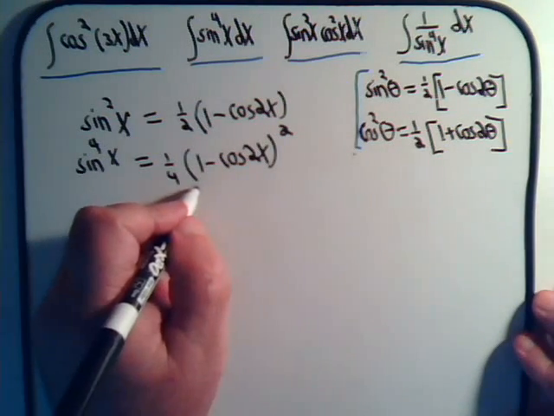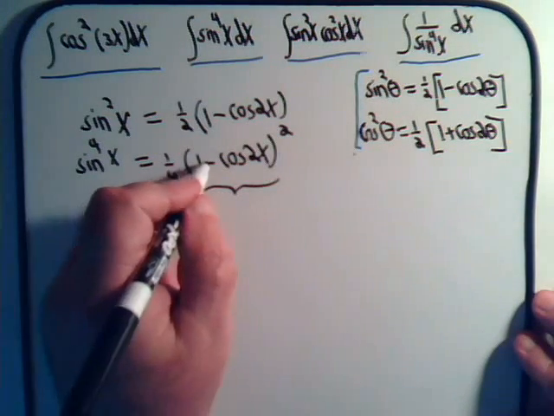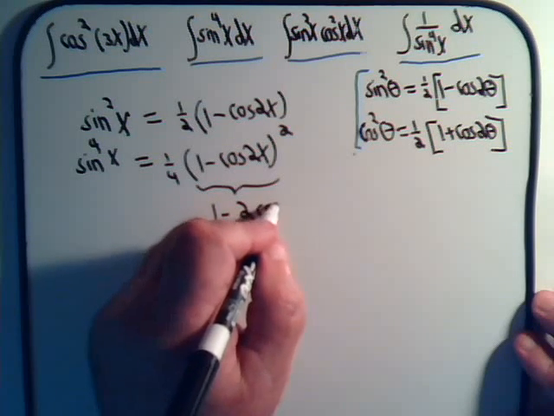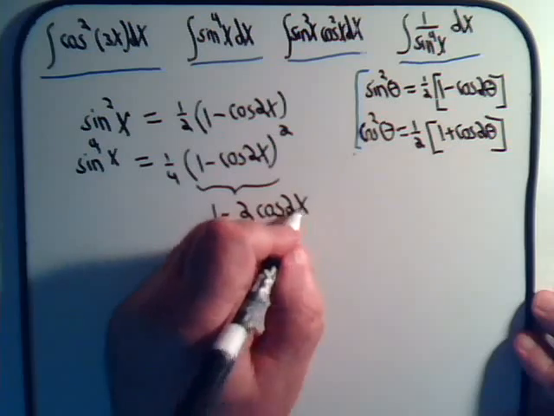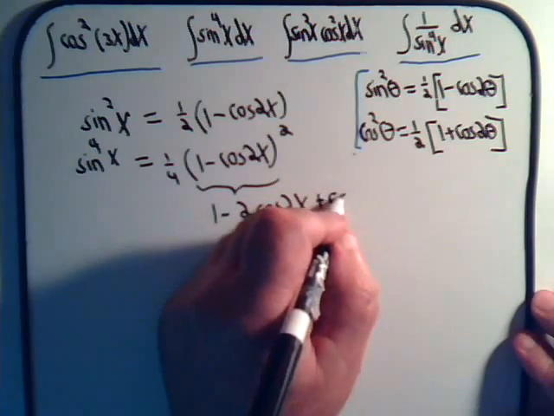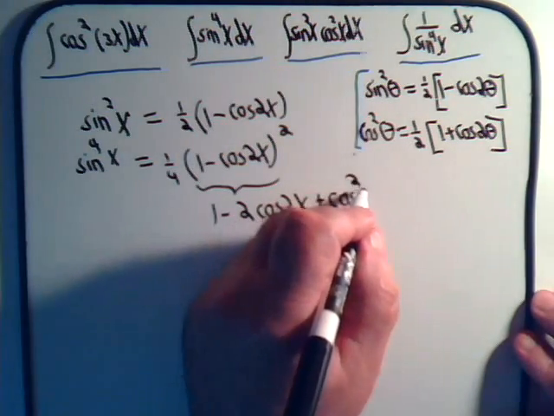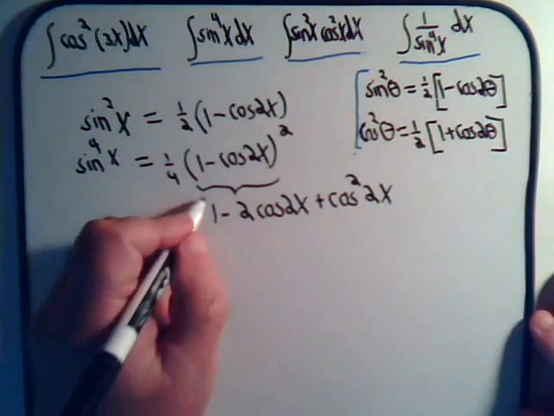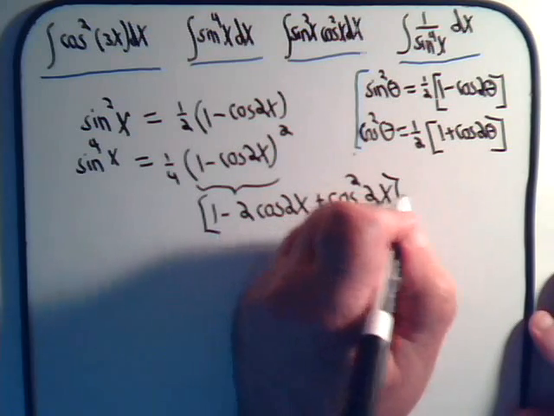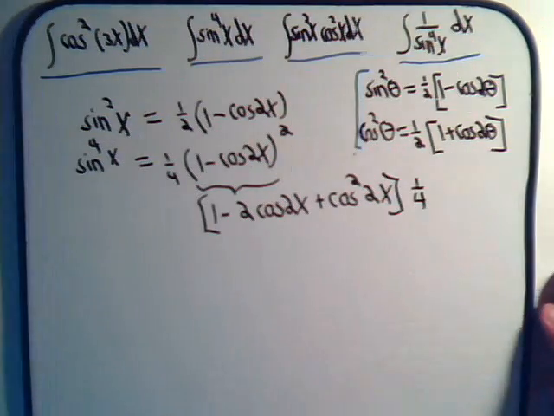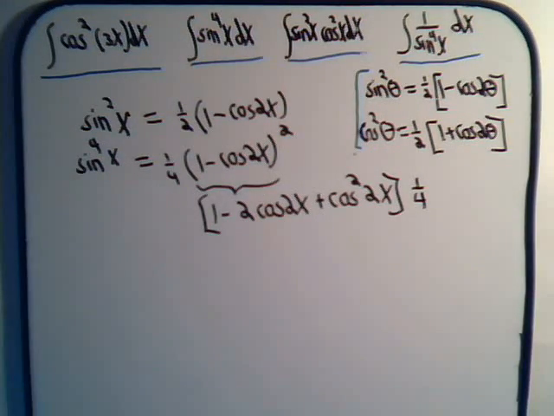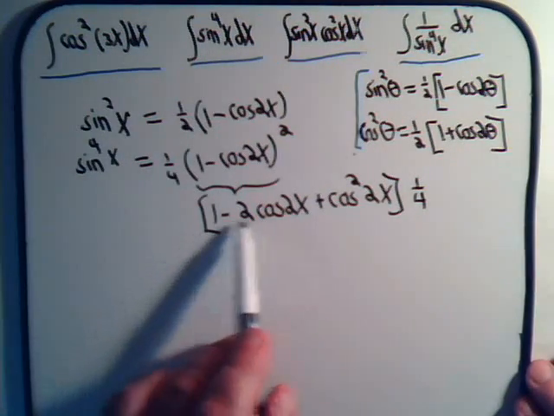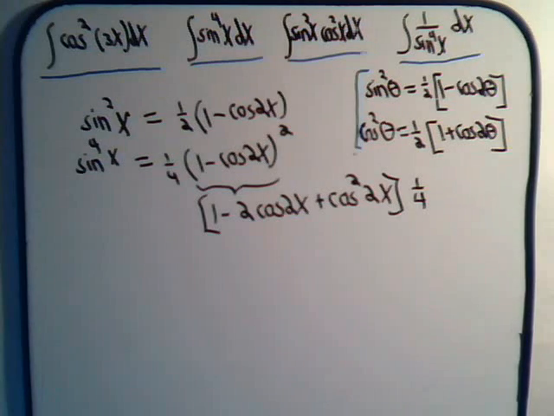If we multiply this out, that would be 1 minus 2 times the cosine of 2x plus the cosine squared of 2x, and this is multiplied by 1/4. So it looks like this integral here is going to be this integral right here.